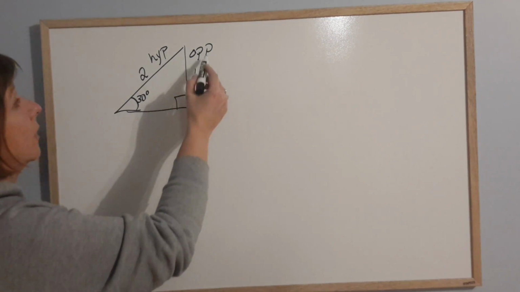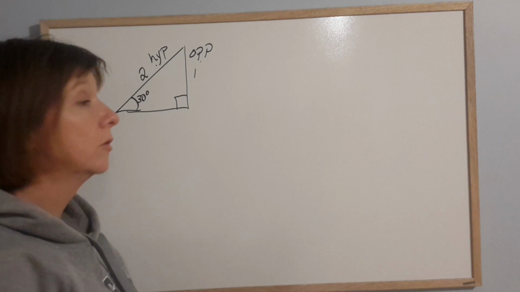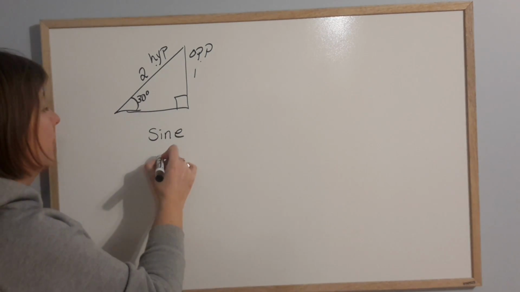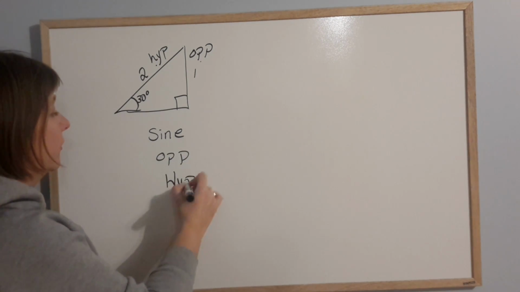This ratio of opposite to hypotenuse is what we call the sine ratio. So the sine ratio is opposite over hypotenuse.